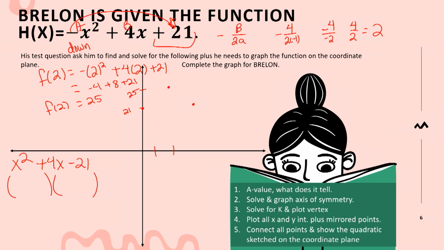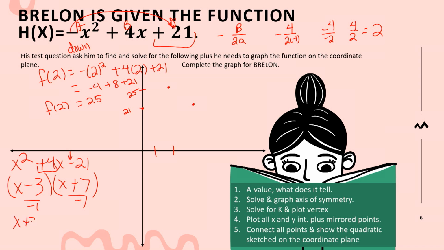Factors of 21 that will subtract to give me a positive 4 can be what? So I'm going to subtract, get a positive 4, so I'm going to have positive 7 minus 3. I started this out by multiplying that negative into my c, so I'm going to have to divide it back out. So I'm going to have what?